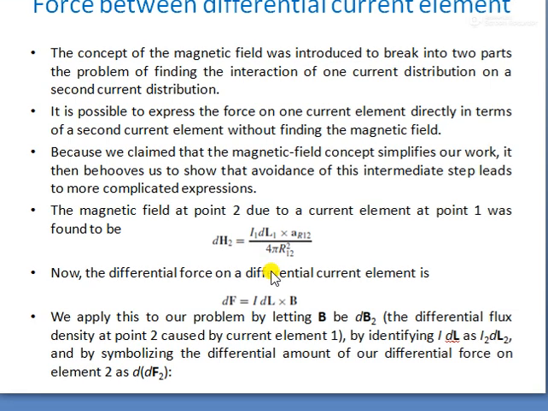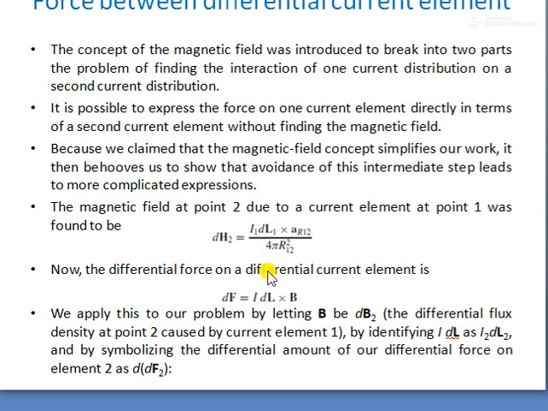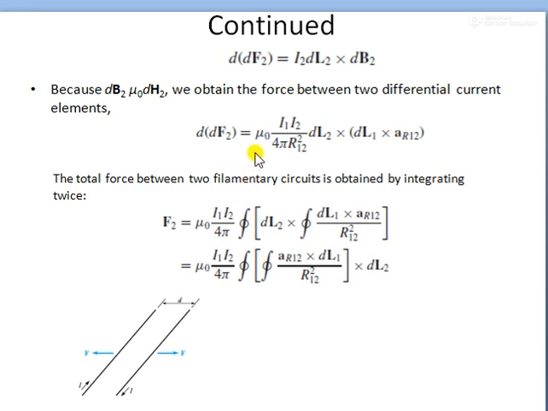You substitute this also, then we get the expression: d of dF2 equals mu naught I1 I2 divided by 4 pi R12 squared, dL2 cross dL1 cross aR12. So this is the differential force available on the differential current element 2.